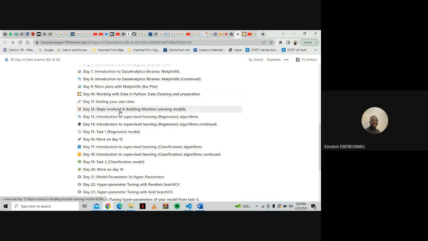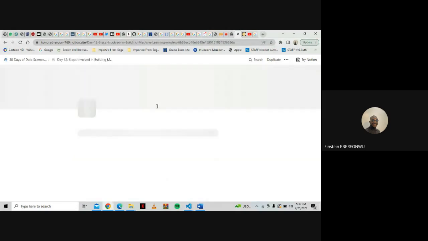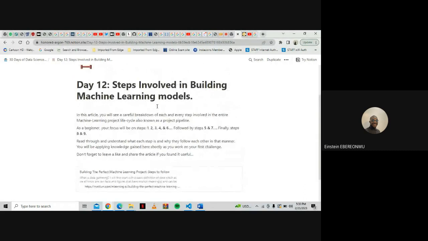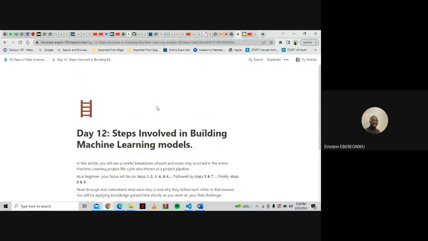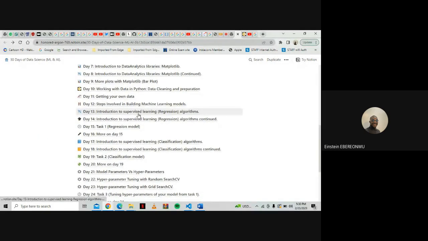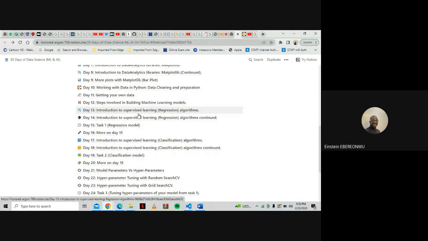Aside from cleaning your data, I was talking about getting your data from Kaggle. Next are the steps involved in machine learning models. Now there's machine learning and there's deep learning. There are two broad categories of machine learning models, which are classification algorithms and regression algorithms. Classification algorithms are used to classify data into categories, just as the name implies.